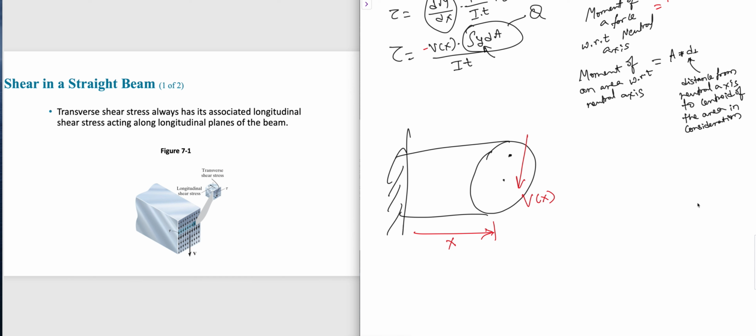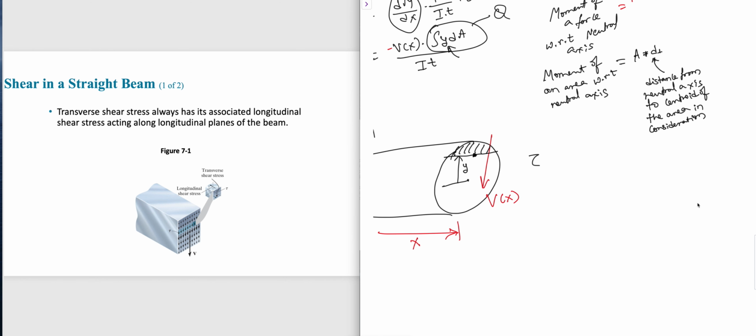Anyway, now if I ask you what is the shear stress at that point, you would take the area about that. Let's say this is the neutral axis, and let's say this is y. Listen to this carefully.